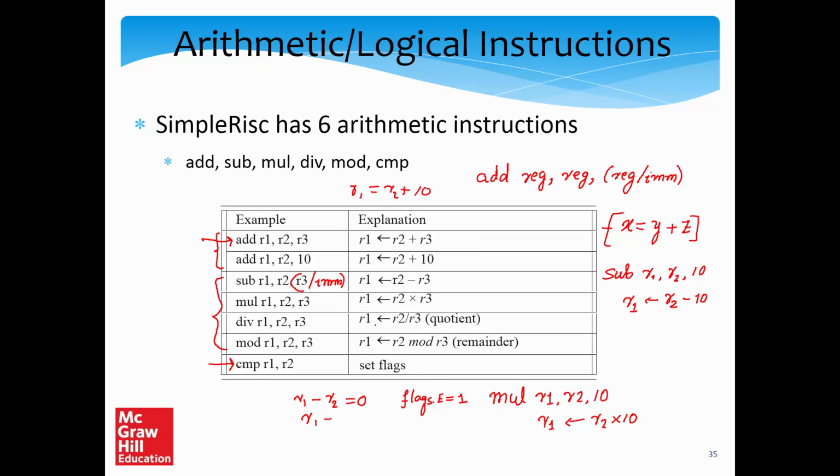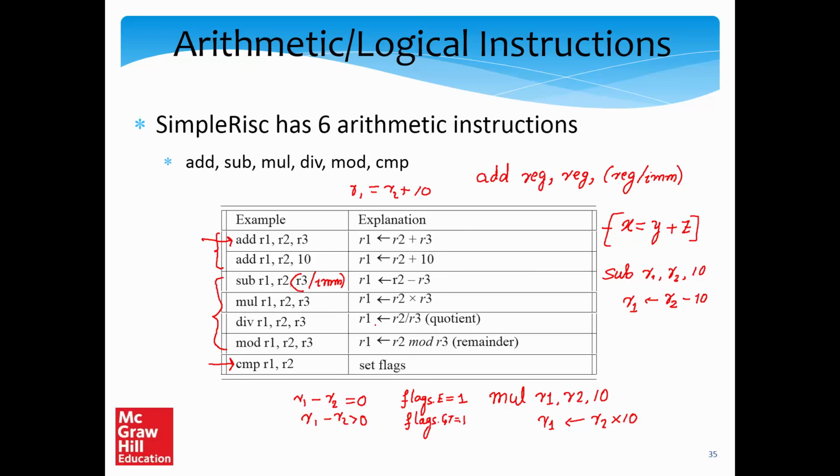If R1 minus R2 is greater than 0, then we can set flags.gt equal to 1, which basically means that R1 is greater than R2. It indicates the fact that the greater than flag is 1.